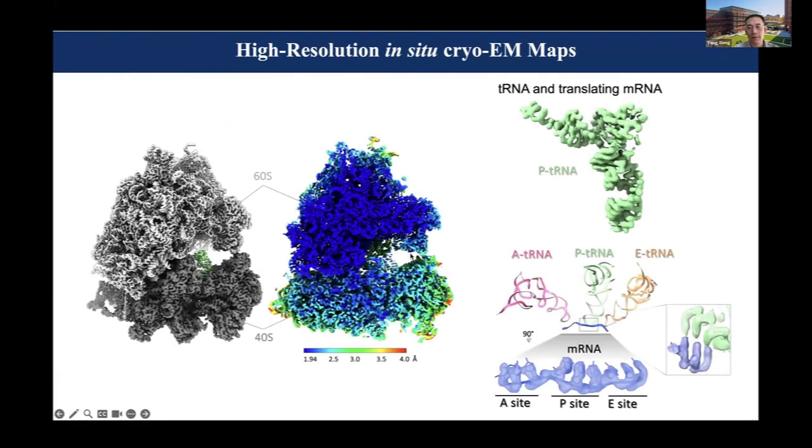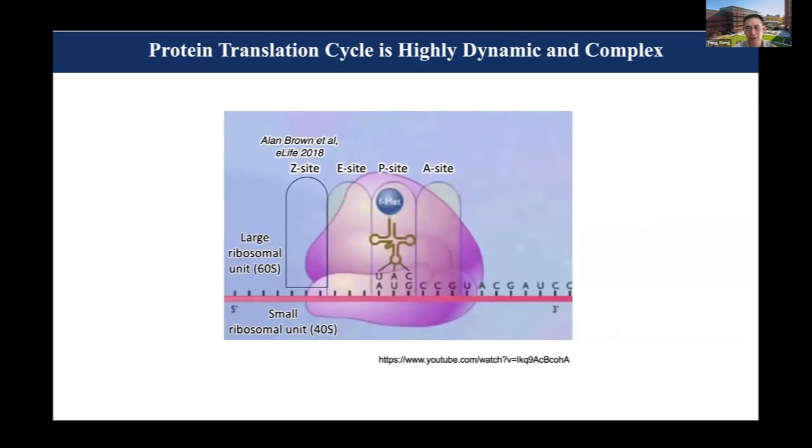Okay, so lots of good results, not just this. We can look at the interaction of the codon-anticodon pairs between tRNA and the translating mRNA. Very nice definition of density. But for people who know the field, or for most of you, if I give you some time to think, you may ask, in the cell, everything's going on, right?